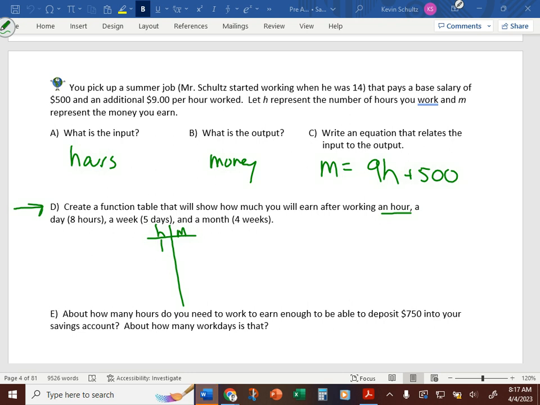And then the next one is a day, 8 hours. So our second one that we're testing here is 8 for H. But then I want you to figure out how much money you'll earn after a week, which is 5 days. So what number are we going to be plugging into our equation if we want to know how much money we'll earn after 5 days, with each day being 8 hours.